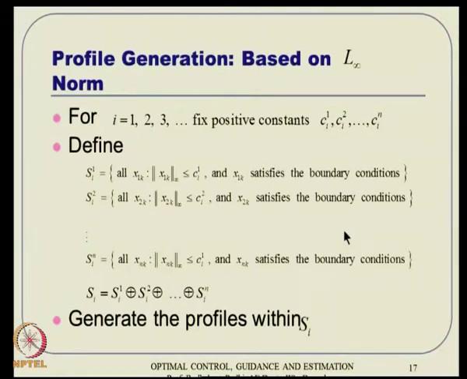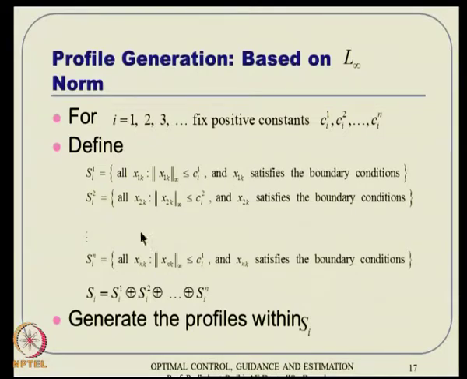So, the very first thing, if you really want to use the L infinity norm, which is not a very good idea in my view, but still you can do that, is to decompose the state values into components: x1, x2, x3, x4 are the components of the state vector, in the distributed parameter sense.